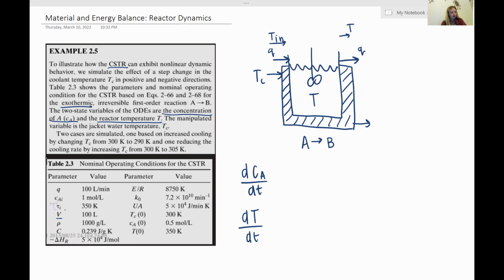Then going over to this next column, we have this E over R and a K naught.